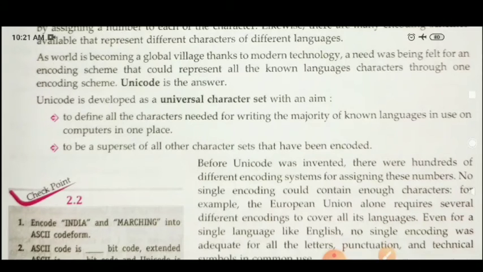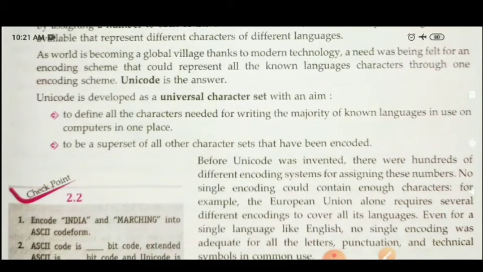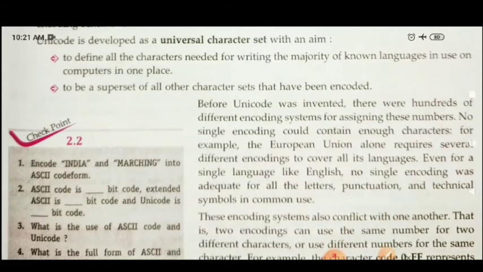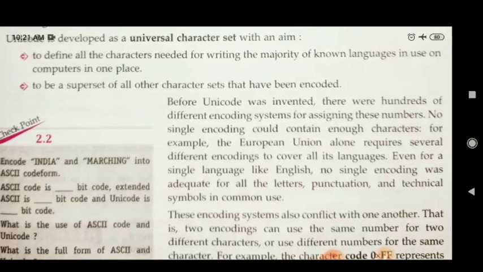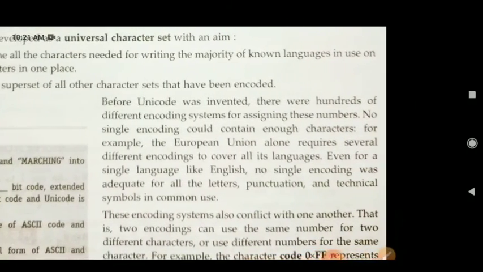Before Unicode was invented, there were hundreds of different encoding systems for assigning these numbers. No single encoding could contain enough characters. For example, the European Union alone requires several different codings to cover all its languages.